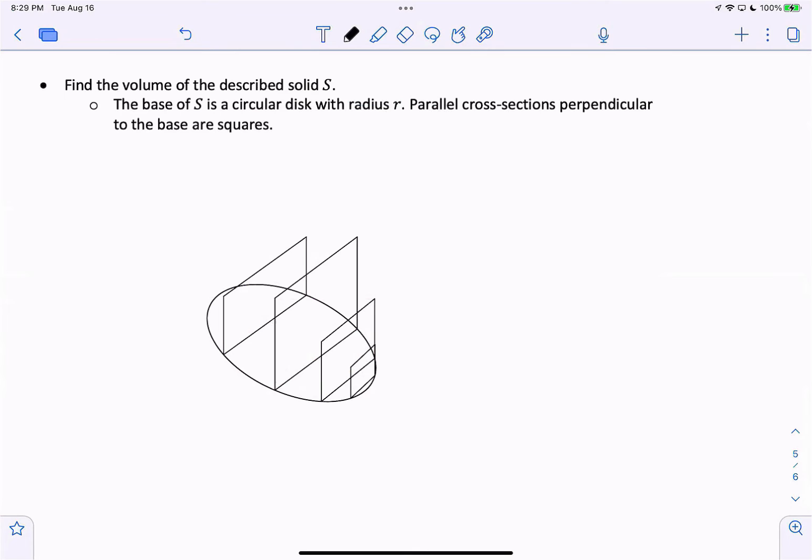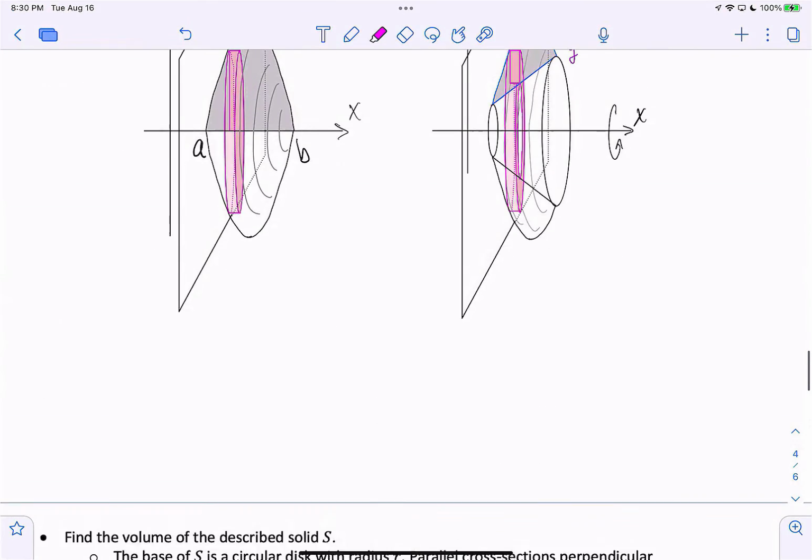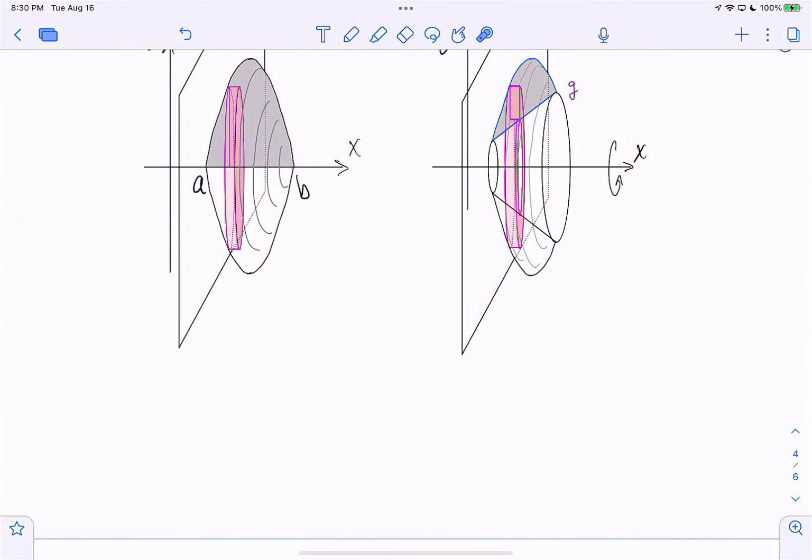Now this is going to taper down to a point over here. And if we connect all the corners, then we end up with this shape. That could be really hard to describe, but I'm going to say it looks kind of like a mohawk. Let's single out one square. This is going to be our slice, just like our disk slice or our washer slice.